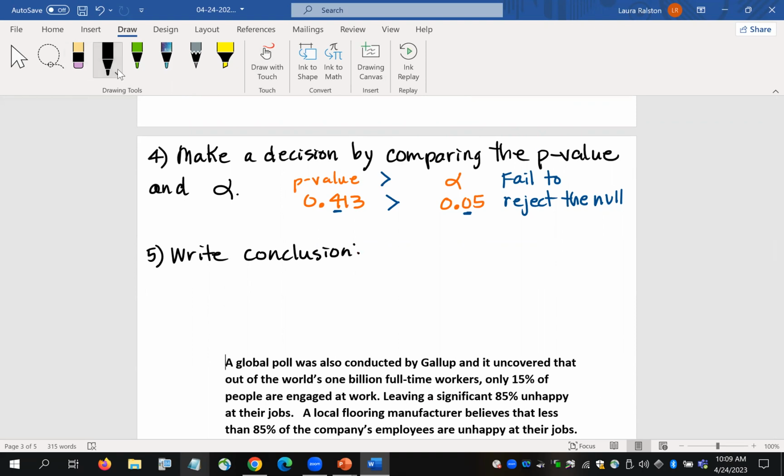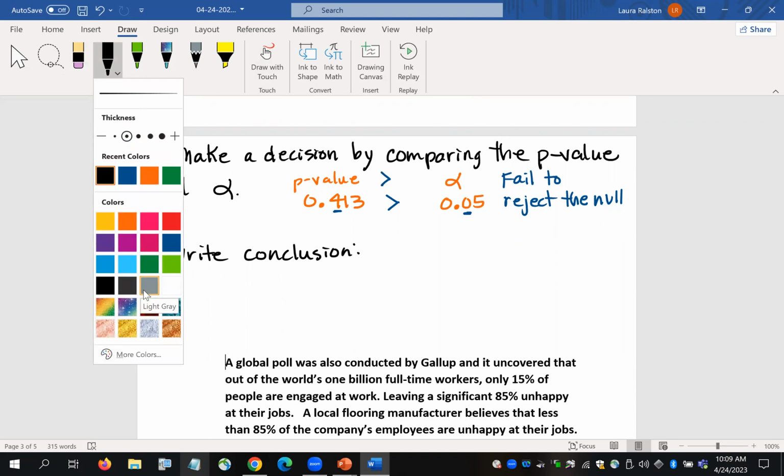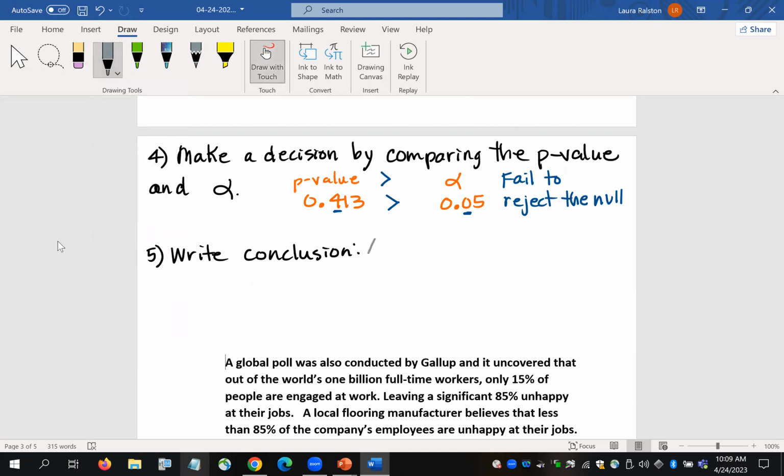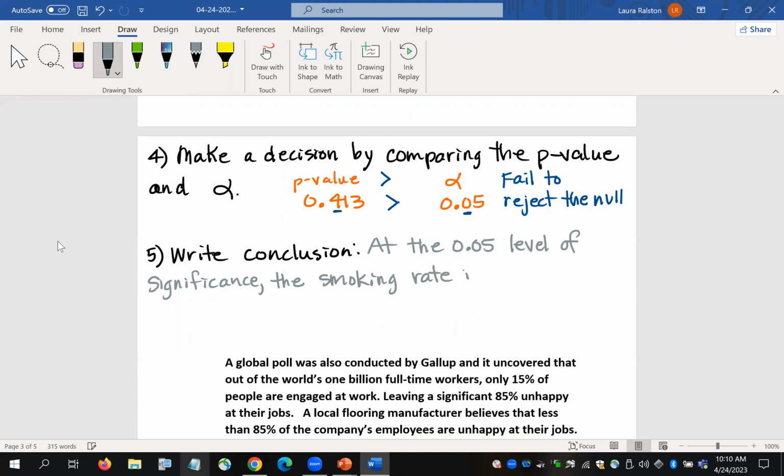So we would say at the 0.05 level of significance, the smoking rate in New York City has not increased.